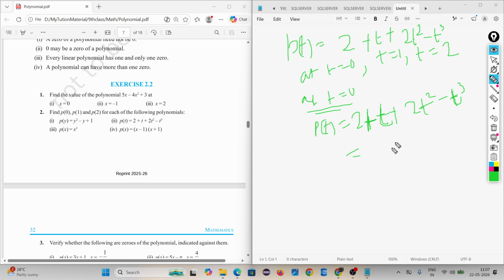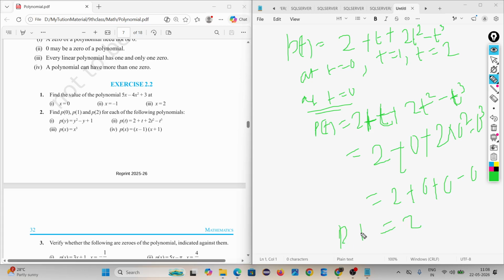Sir, answer 2. Okay, 2 plus this becomes 0, and 2 into 0 square also 0, minus 0 cube also 0. That means 2 plus 0 plus 0 minus 0 equal to 2. P of t equal to 2 at t equal to 0.